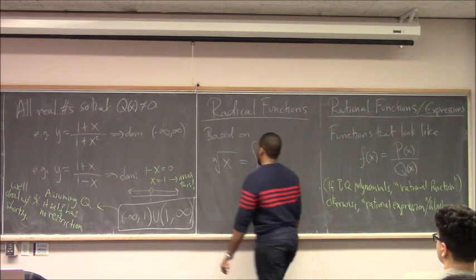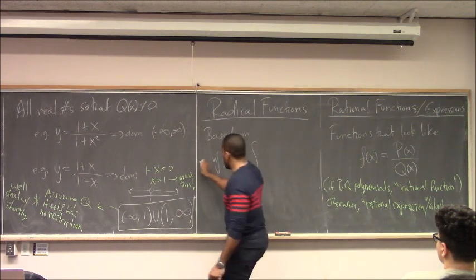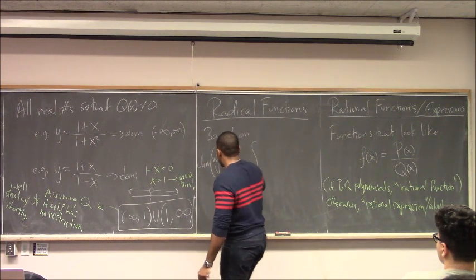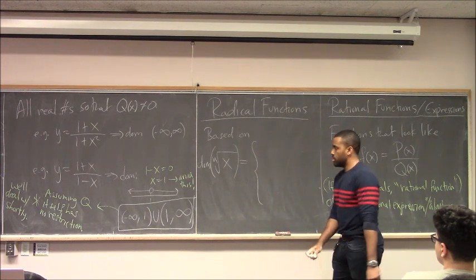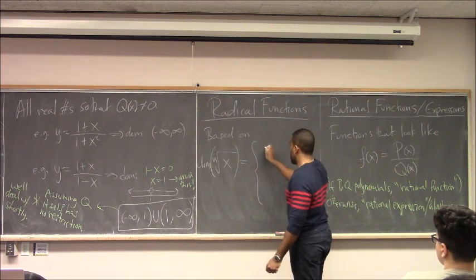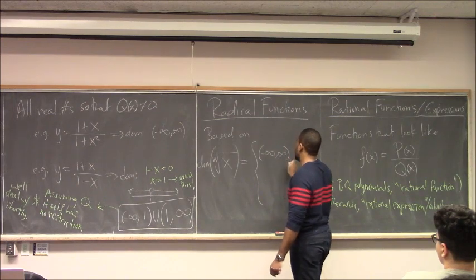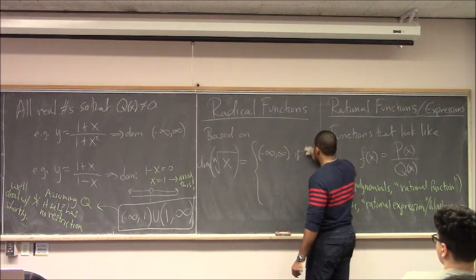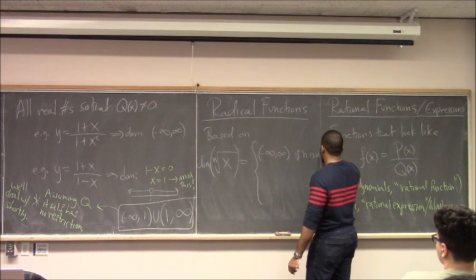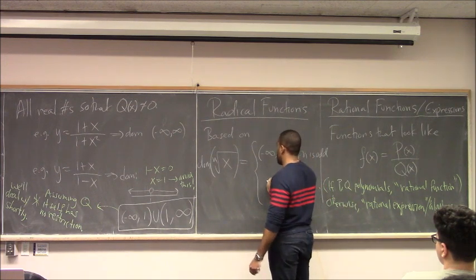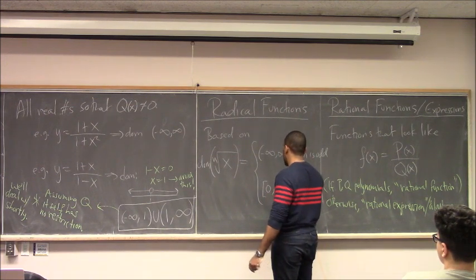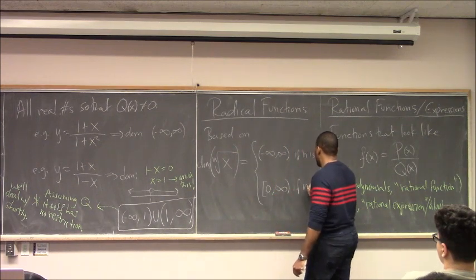If we want to find the domain of something that looks like that, then we know it is all real numbers if n is odd. And it's only the numbers that are greater than or equal to 0 if n is even.